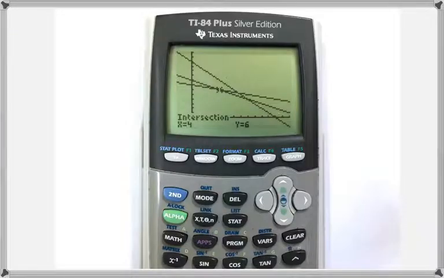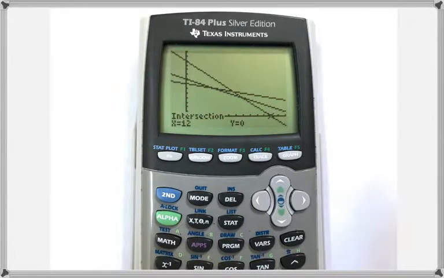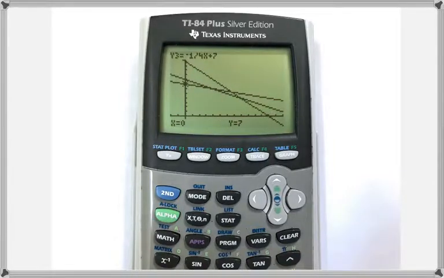So now I'm finding the intersection points on the calculator. I'm actually skipping some steps here, but if you want to see all of the steps of how to find the intersection point on the calculator, you can refer back to some of the previous videos. So the intersection points are (4, 6), (8, 4), (12, 0), and (0, 7).